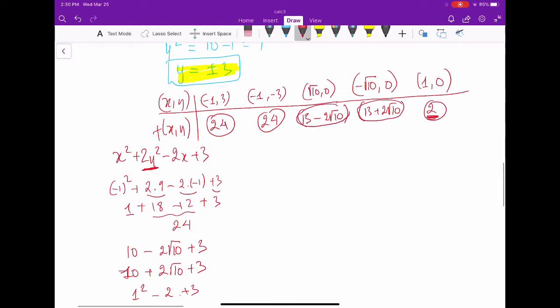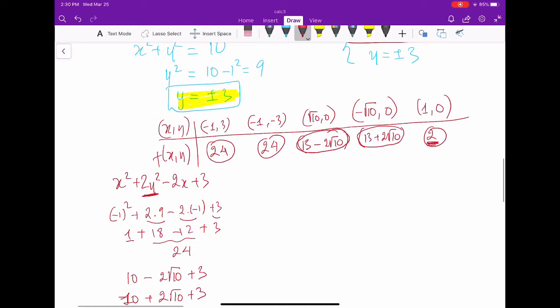So now you compare all these values. All right? And you see actually the smallest one is this guy. That is the minimum. And the biggest one is at these 2 guys. So that is your maximum. Okay?